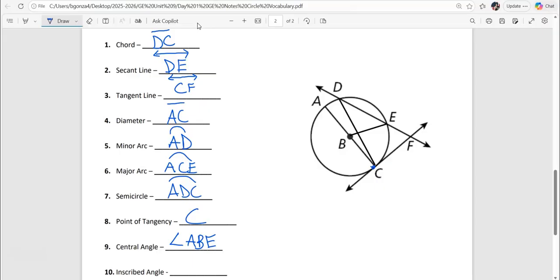C, D, E. That's on the edge. D, E, B. That's on the edge. Okay, there's all kinds of angles that are on the edge. So we're just going to use angle ACD, call it a day.